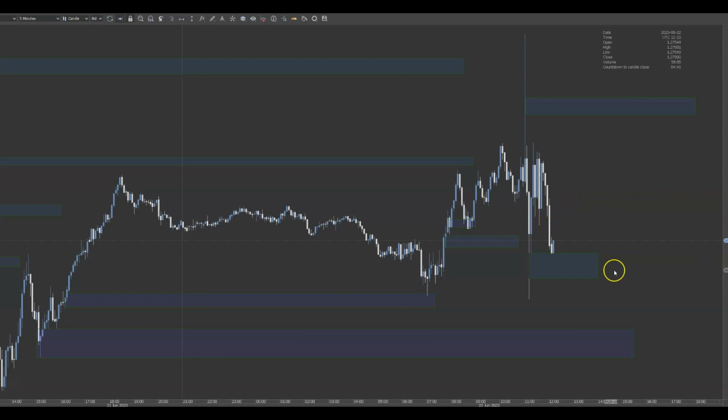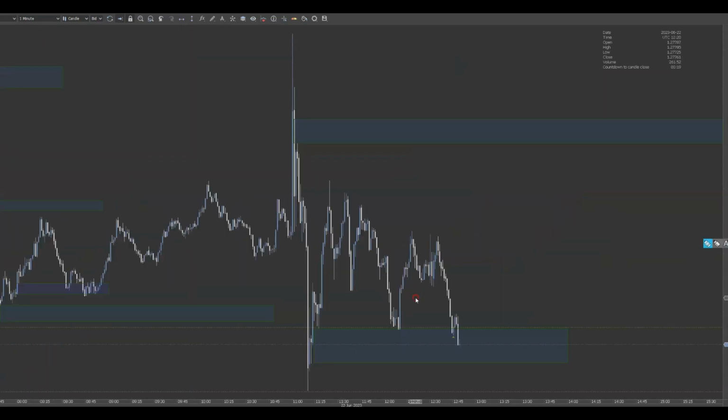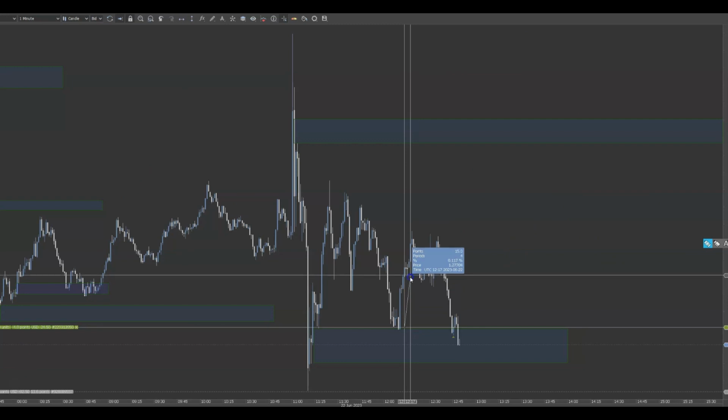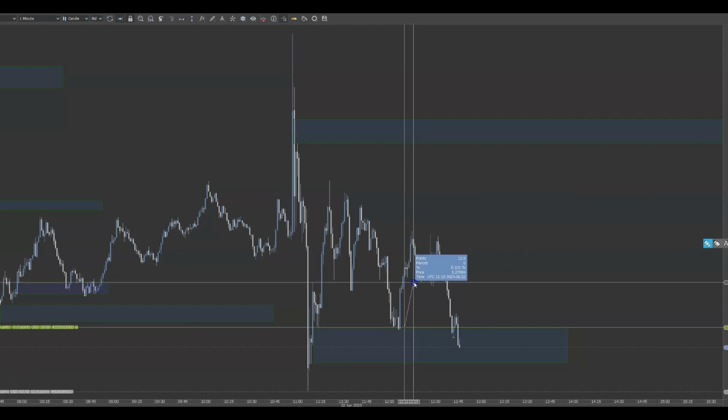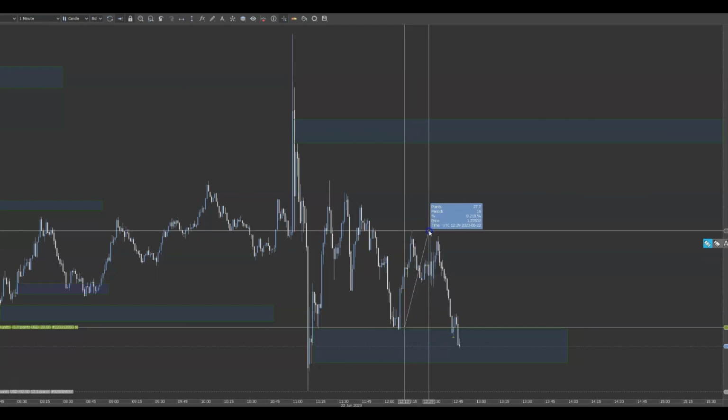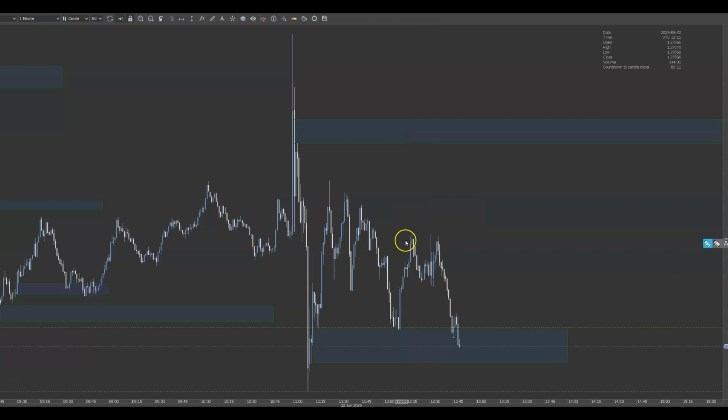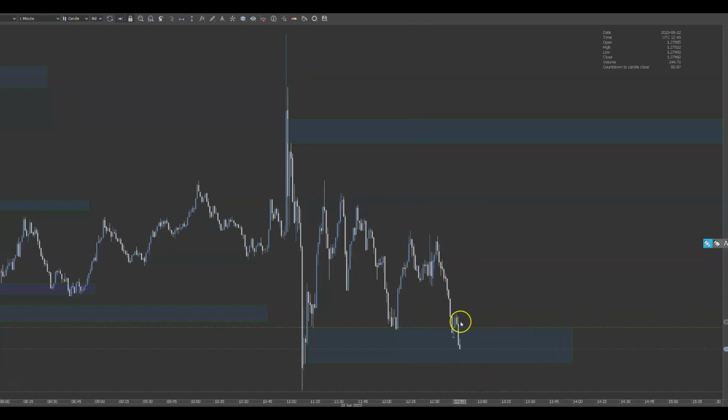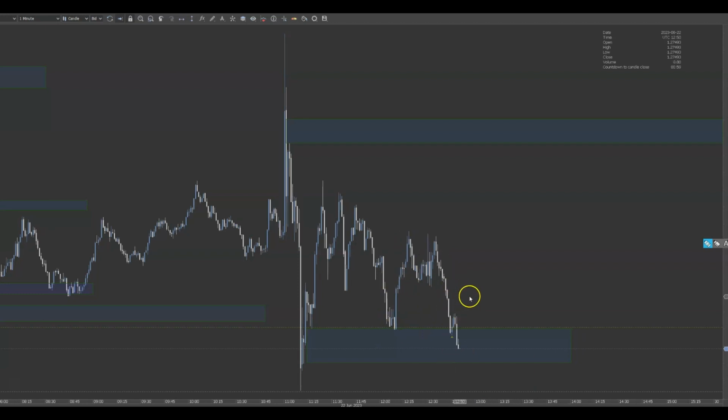Okay, so you can see we reacted nicely off of here. I took something out right in here at 13 pips and went for 27 pips. I should have taken something out, but thought it would hold. I took the position out right in here just because this current leg should have held, and it has failed.